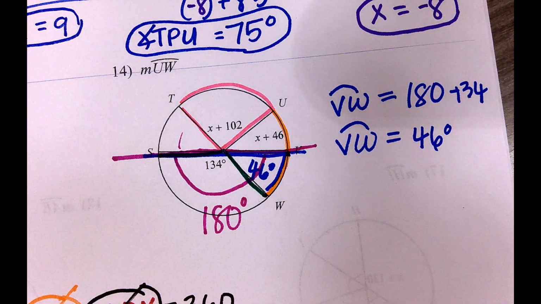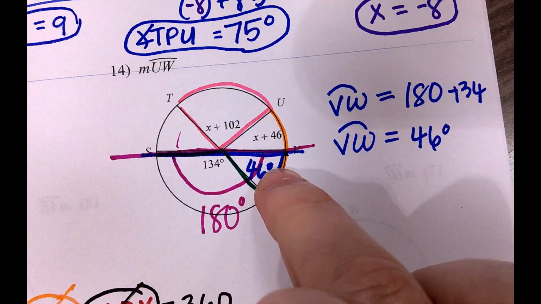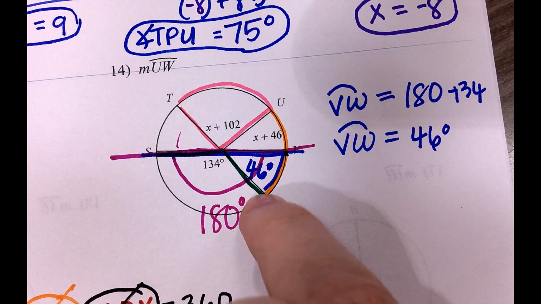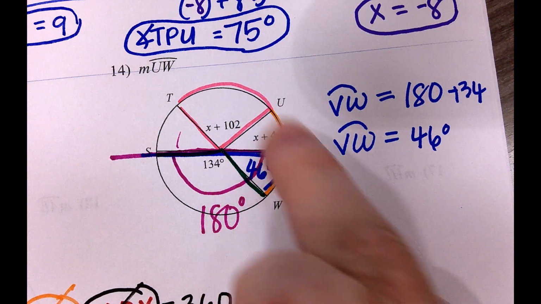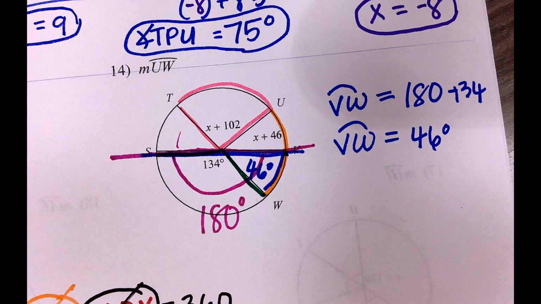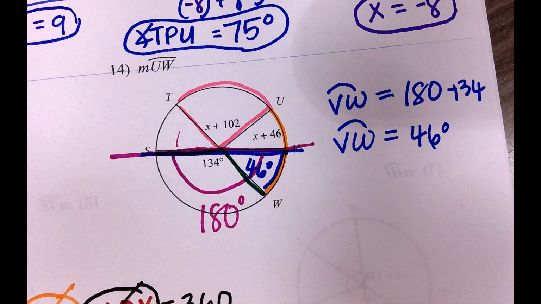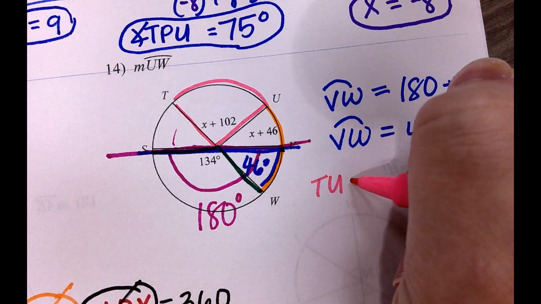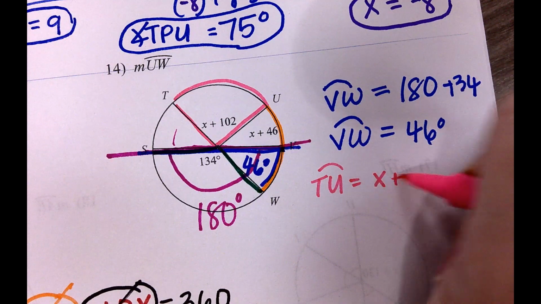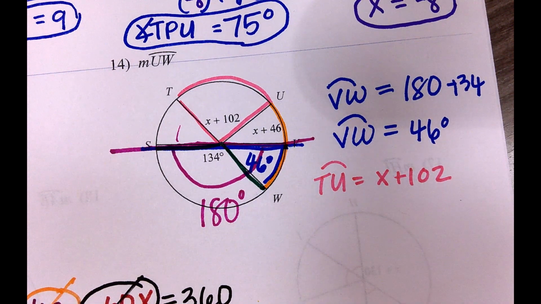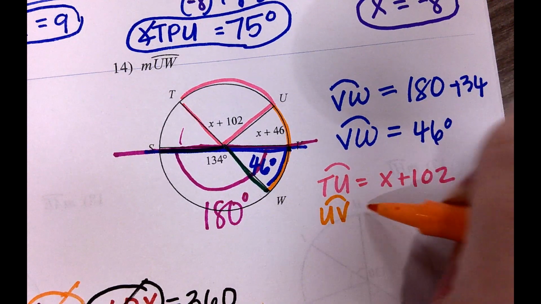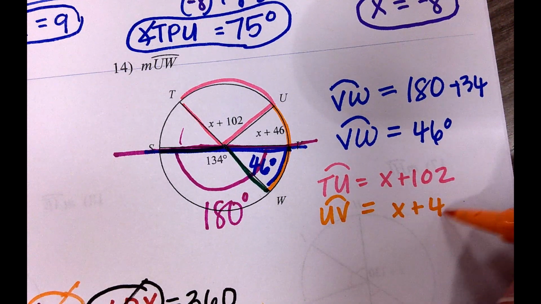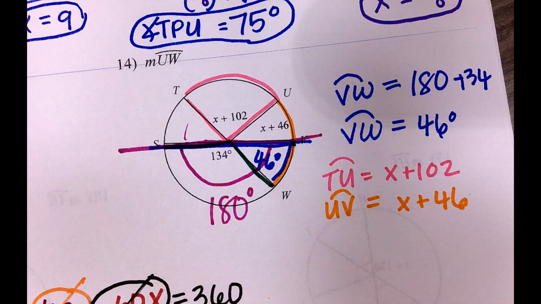So you could solve for x that way, but you still have to find that 46 because at the end of the day, we need U to W. So let's do it the way that you suggested, where I know TU is x plus 102, and then UV is x plus 46, and then VW is 46.